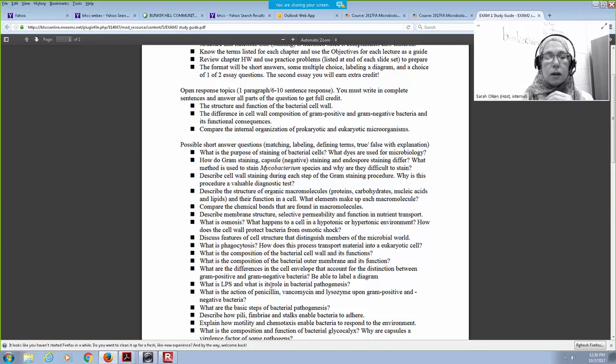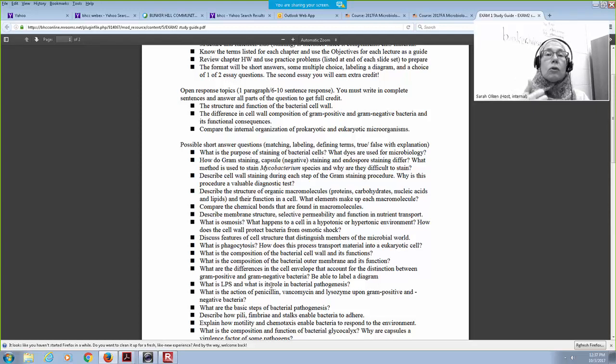Also be sure that from Chapter 5 there's a lot of information about the prokaryotic cell structure. Be sure you know the difference between that and the eukaryotic cell structure. What kind of macromolecules are reviewed in Chapter 4.